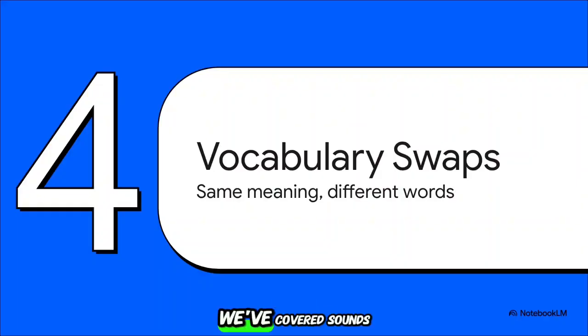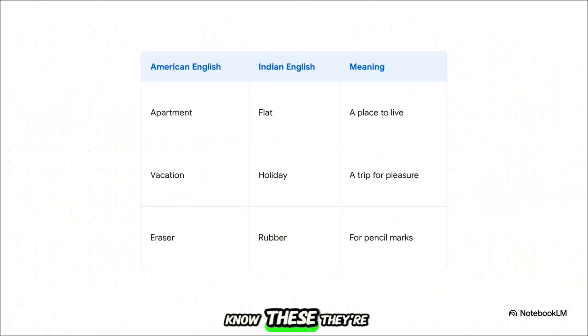All right, so we've covered sounds and we've covered rhythm. The third place you might get a little confused is vocabulary, because sometimes it's not the accent at all. It's just that they're using a different word for the exact same thing you're thinking of. And once you know these, they're actually pretty simple.